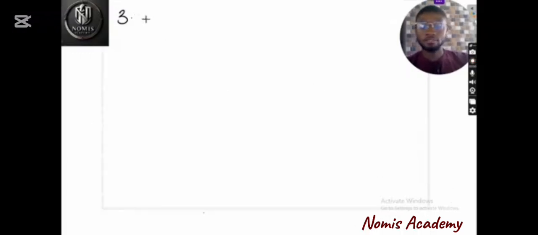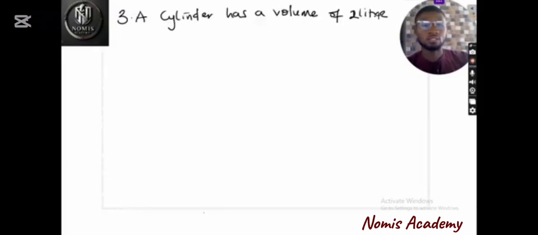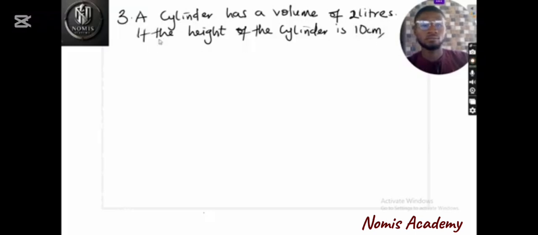Example number 3 says a cylinder has a volume of 2 liters. If the height of the cylinder is 10 centimeter, find the radius of the cylinder.